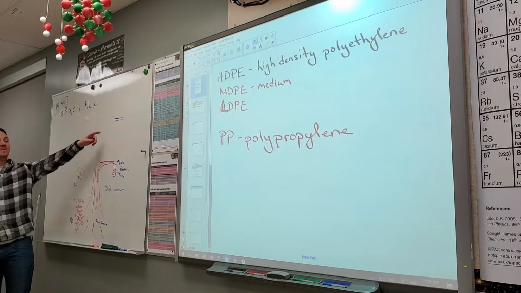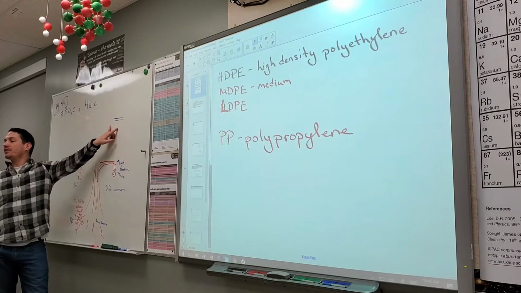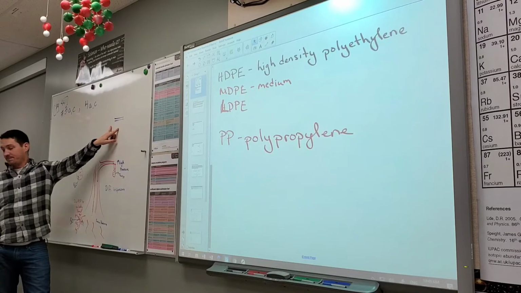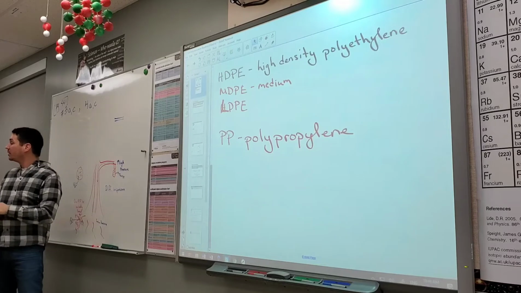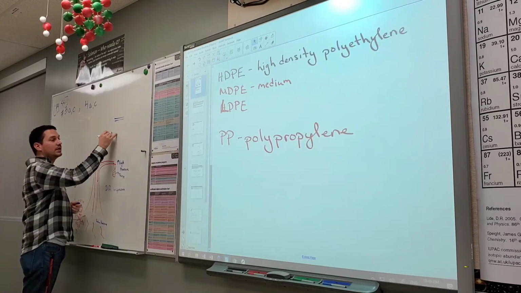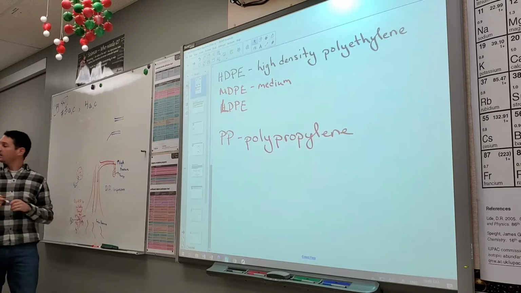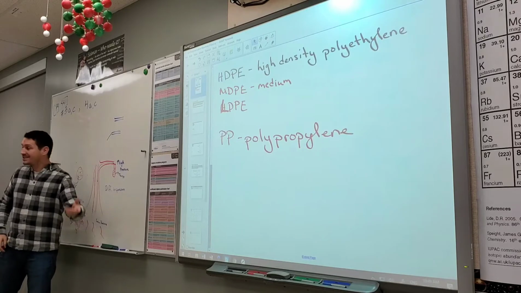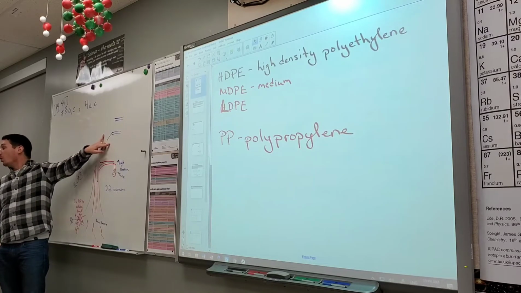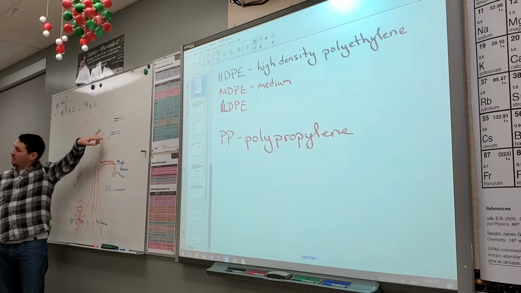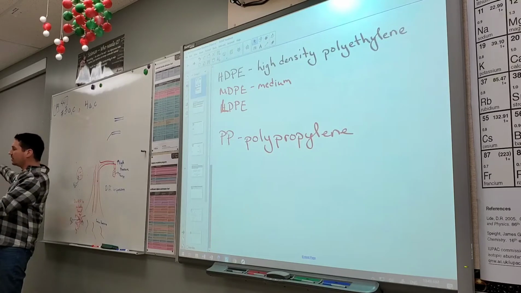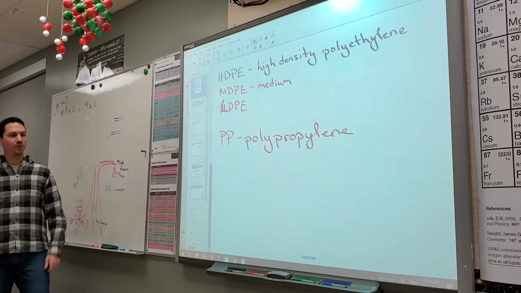Hey, if polyethylene is made out of this stuff, what do you think polypropylene is made out of? Propane. It's made out of propene. So this is what polypropylene is made out of. We're going to string a bunch of them together to make polypropylene.